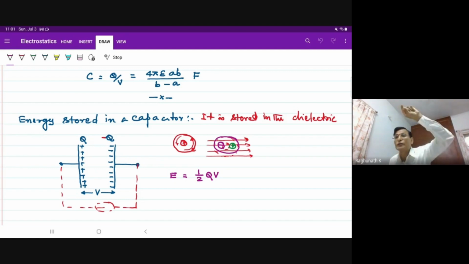Potential energy is always equal to the work done against an opposing force. If there is no opposition, there will be no potential energy, because it need not do any work.